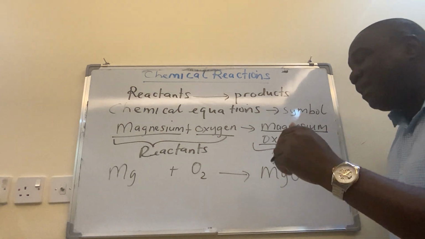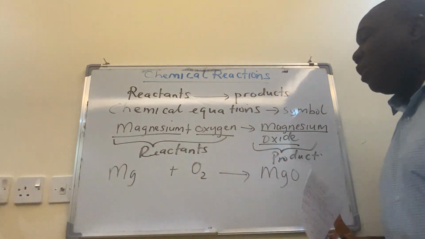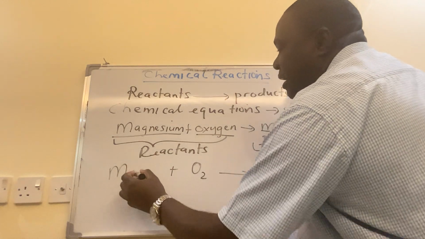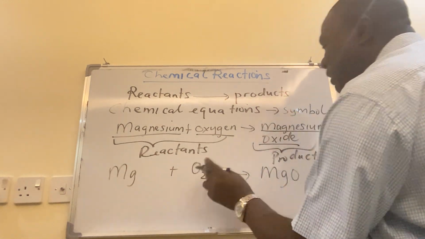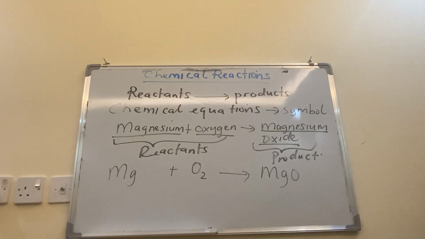We need to tell them the identities, because I said a chemical reaction is a statement that uses chemical symbols to show the identities and the relative amount of substances involved in a chemical reaction. So this is not acceptable. Why? Because you need to tell us the nature of the magnesium that you are using, the nature of oxygen, and the state of matter for the magnesium oxide.